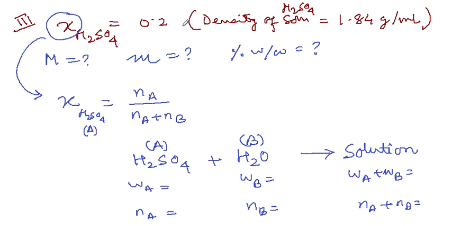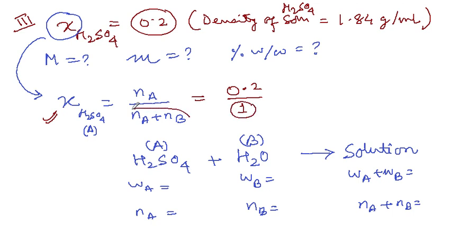Let's look into the information that is provided to us. We have the mole fraction of sulfuric acid equal to 0.2. What it means is the mole fraction of the component, sulfuric acid, is 0.2. Remember I told you that for a fraction, the total value is always 1.